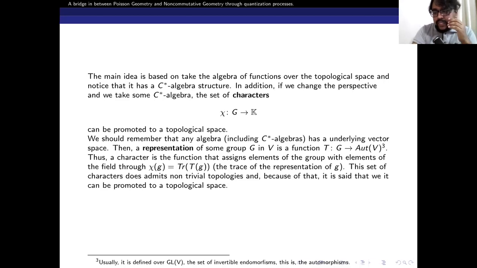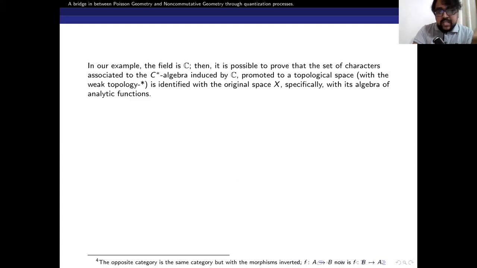In our example, the field is C, the complex numbers. So then it's possible to prove that the set of characters associated to the C-star algebra induced by C, promoted to a topological space, is identified with the original space. So you do not reach any random topological space. You reach the original one you started with.